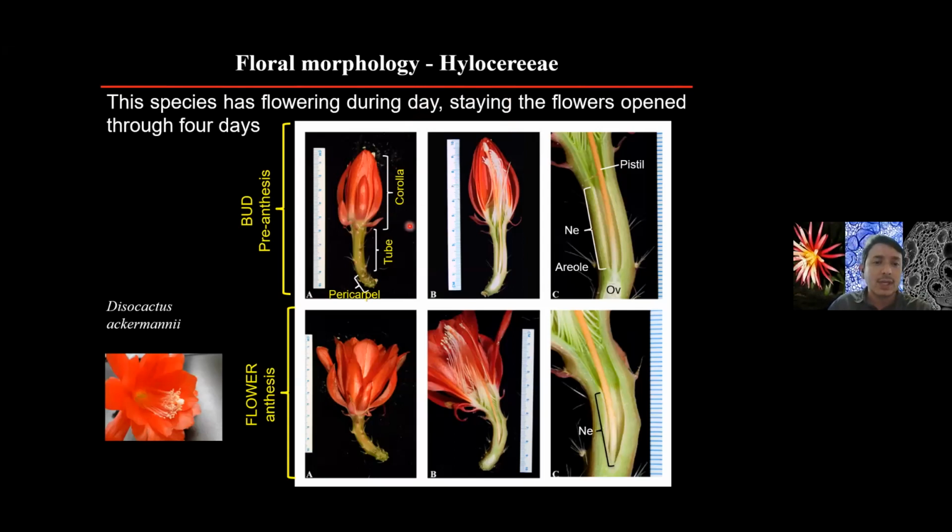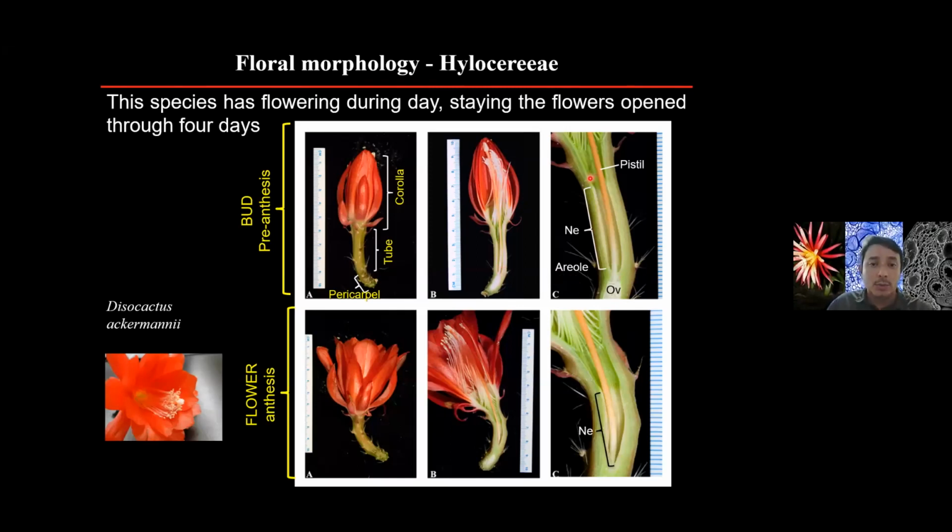This nice flower of Disocactus ackermannii has the same pattern as the flower I showed you before, the Brasiliopuntia, but it has a floral tube that is quite long. In the base part of the flower, we have the ovary, and then the floral tube and the perianth with the androecium and part of the gynoecium.